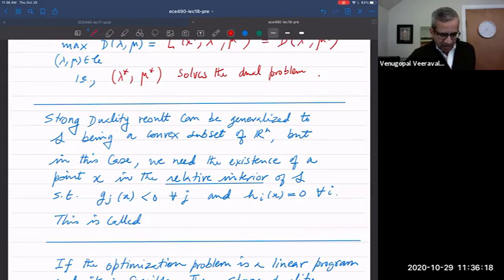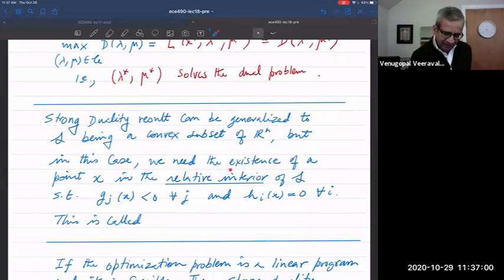You can generalize this to S being any convex subset of R^n. In this case, you need to check another condition: the existence of a point x in what's called the relative interior of S, such that the constraints hold in a strict manner. So the inequality constraints hold strictly, and the equality constraints hold.